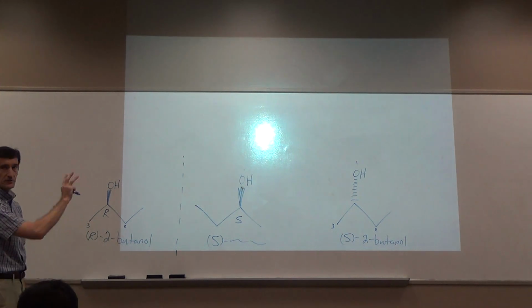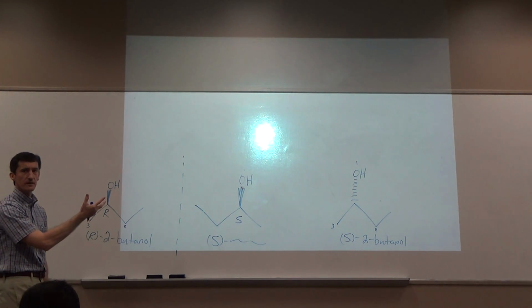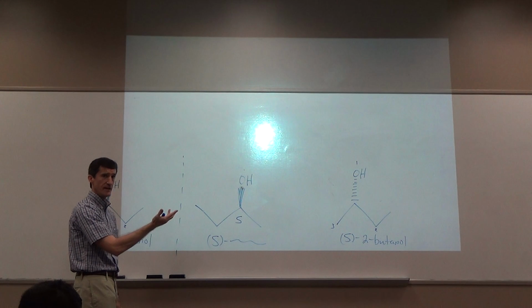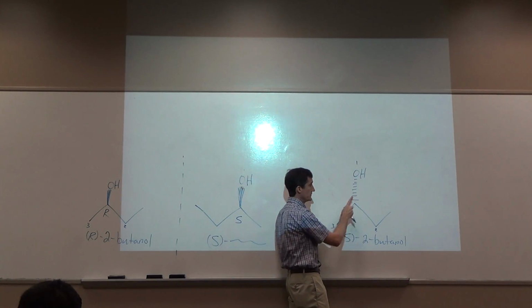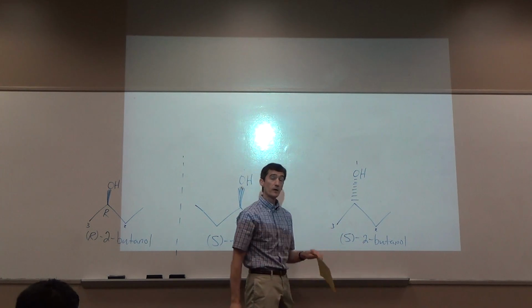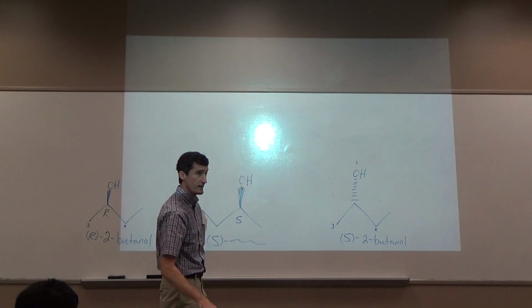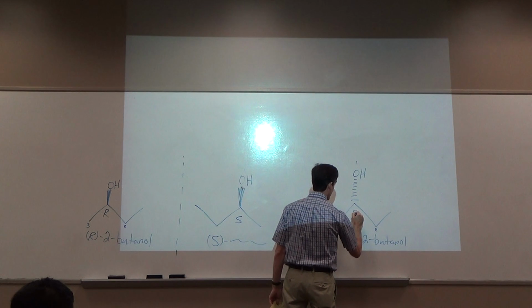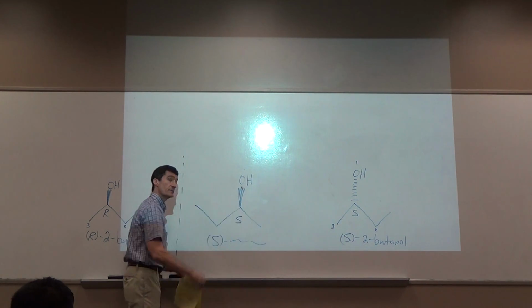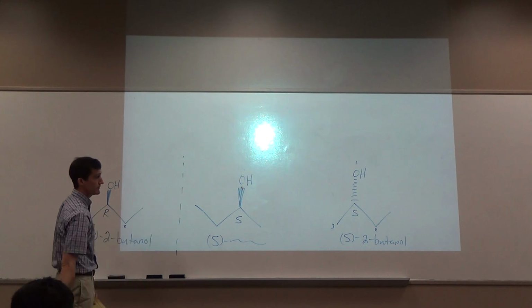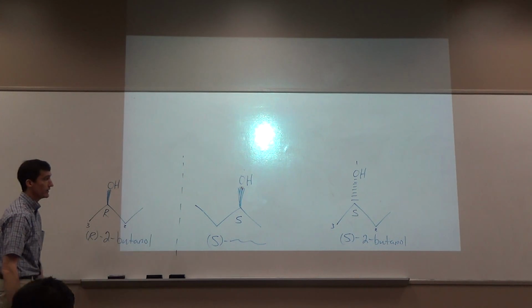Now your book would tell you to turn the compound around. I say, no, don't do that. I say just reverse your finding. 1, 2, 3 is clockwise, that's R. But since the H is coming forward, we turn R to what? We have to switch it to S. This is S. Thus, if that's S and this is S, they're the same thing. There's two there. They're both S-2-butanol.